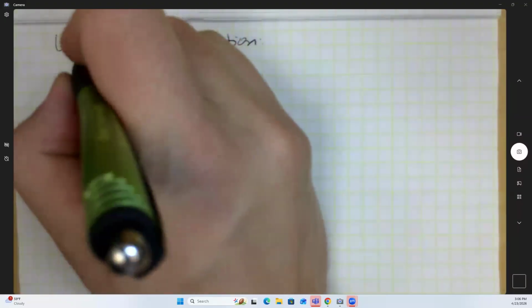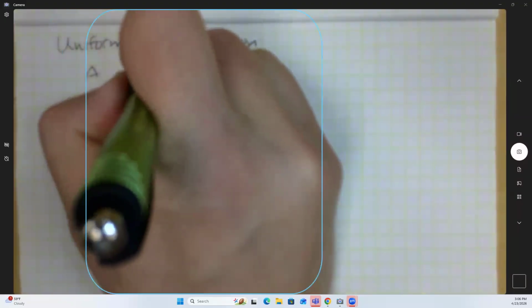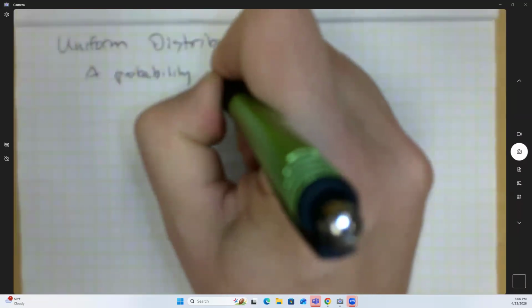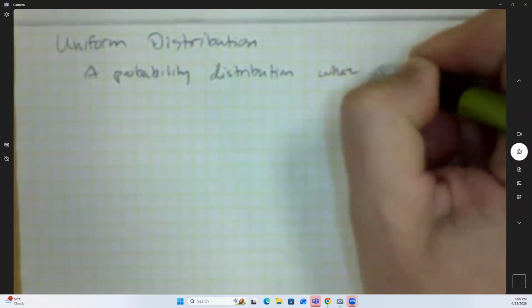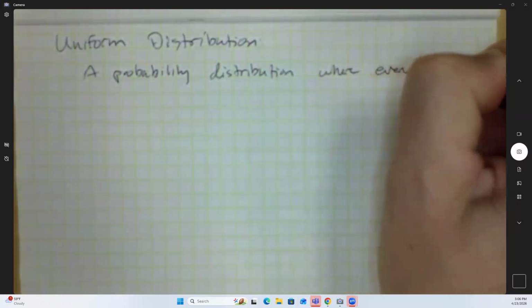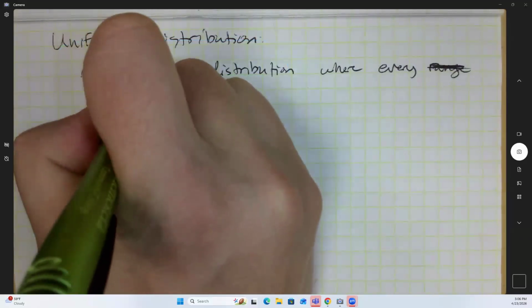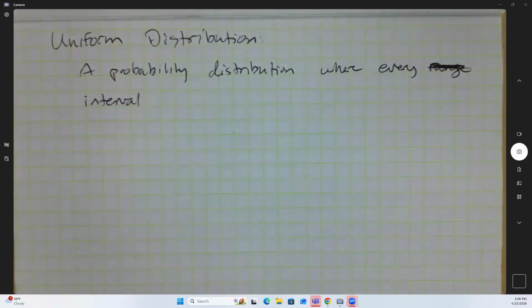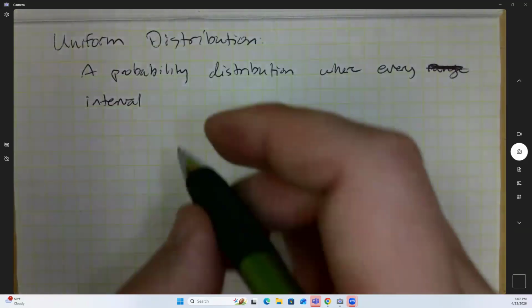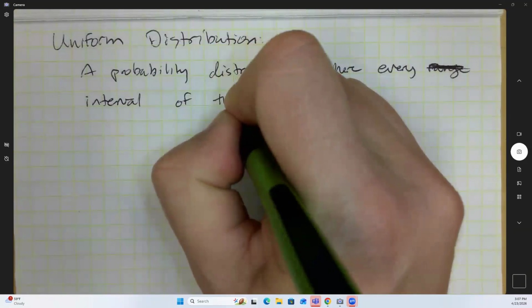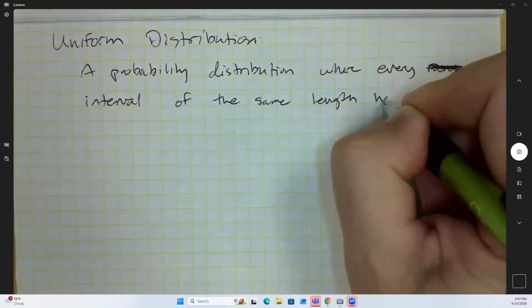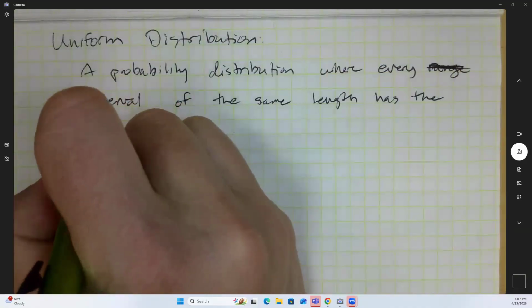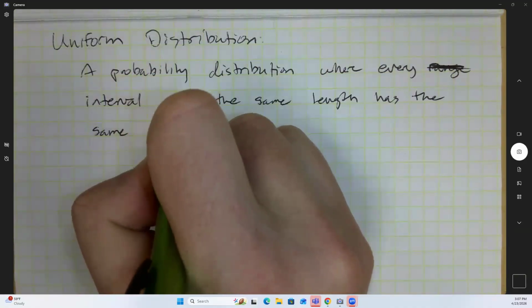This is a probability distribution where every range, or I should say interval, which basically means the same thing but is more mathematically precise, every interval of the same length has the same probability.